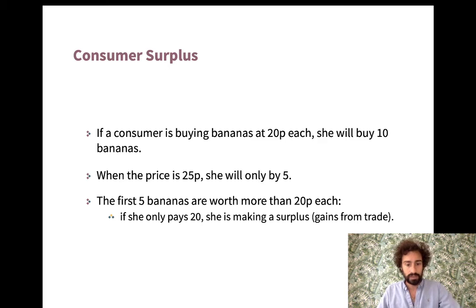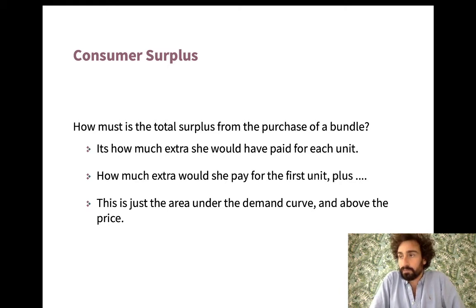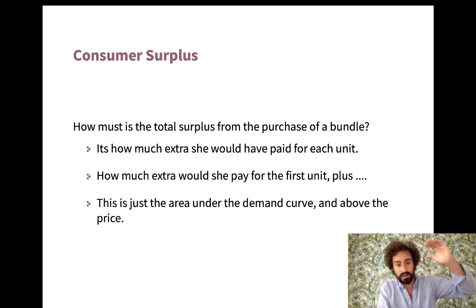So what we can do is look at this and start to think about how to quantify this surplus. The surplus is how much more you were willing to spend to buy the amount that you ended up getting. If she buys 10 bananas, we could calculate how much she was willing to spend on each banana, and the difference between that and the price she actually paid is some notion of her surplus.